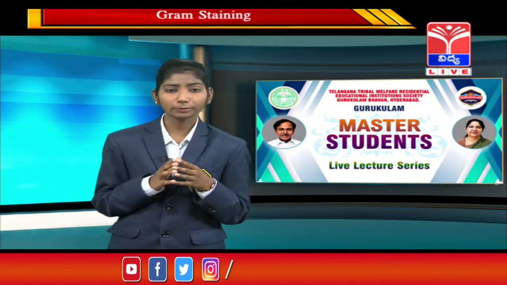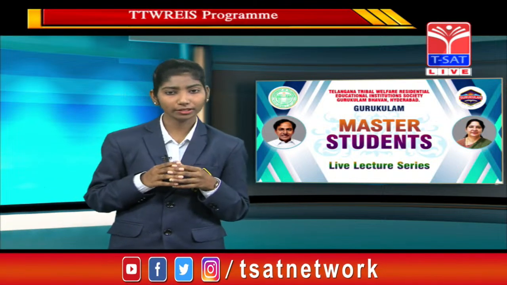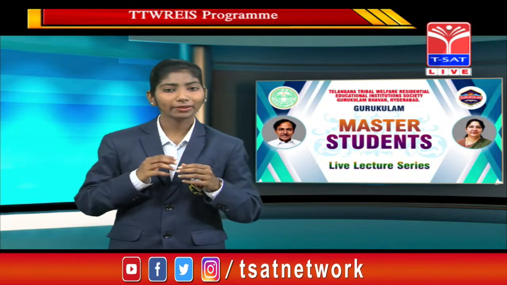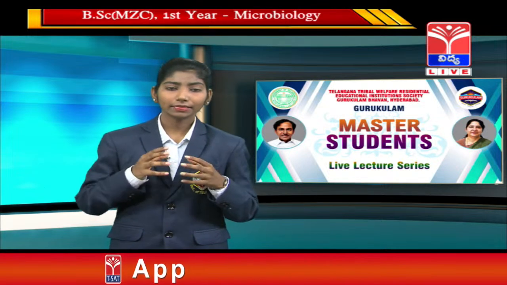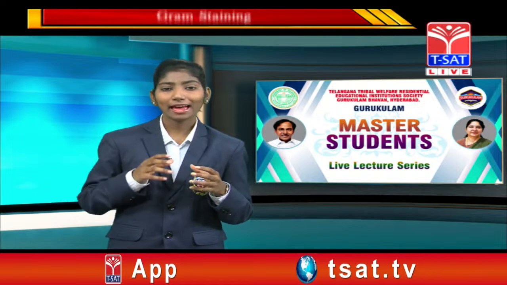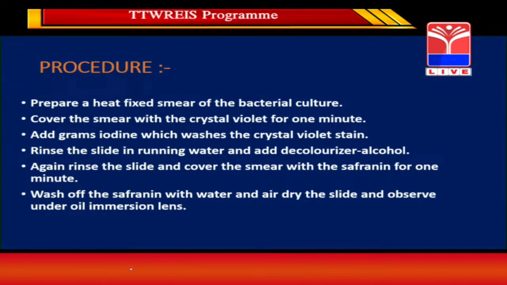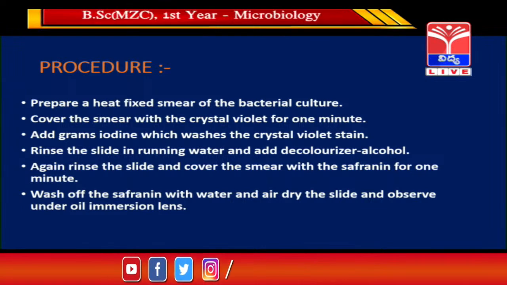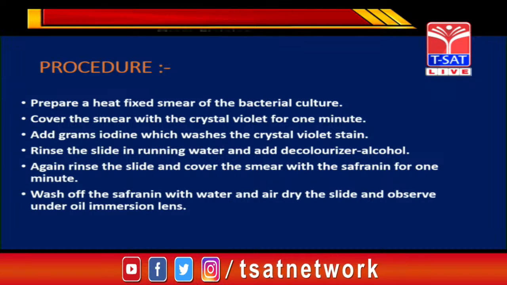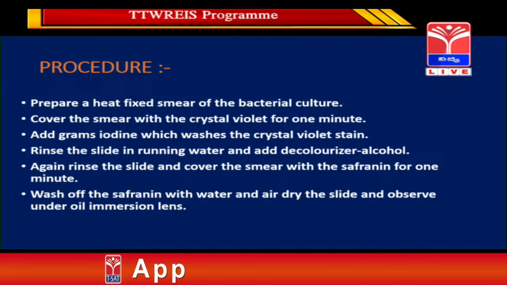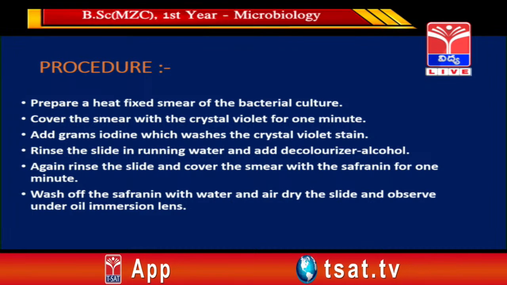After this smearing, flood the smear with crystal violet and wait for a minute. Then the next step is to add Gram's iodine, which washes the crystal violet stain. After that, rinse the slide in running water and add decolorizer. The decolorizing agent which we have used in this technique is alcohol or acetone.